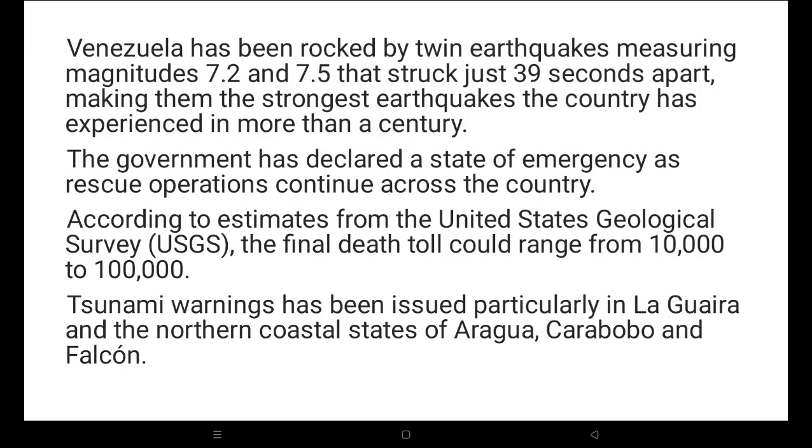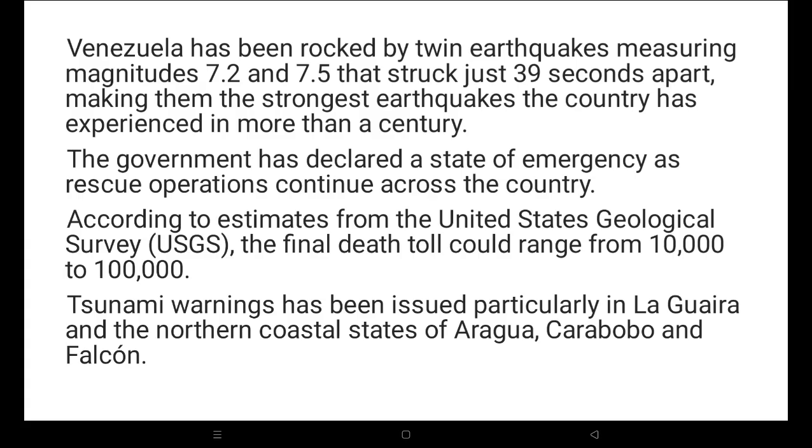Venezuela has been shaken by two twin earthquakes measuring magnitude 7.2 and 7.5 that struck just 39 to around 40 seconds apart, making them the strongest earthquakes the country has experienced in more than a century.